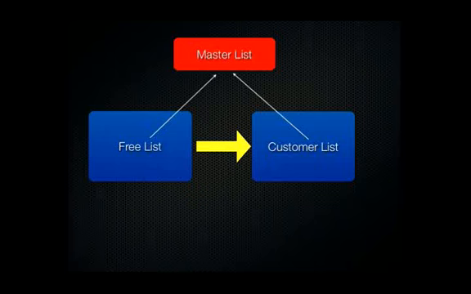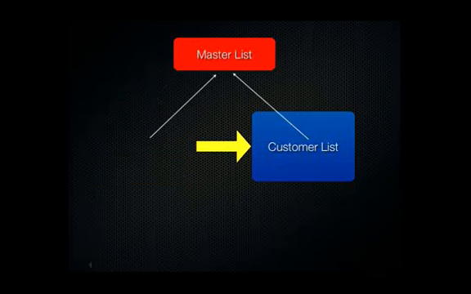So you want them to be added to that customer list, and Aweber can do that. As soon as they opt into that customer list, boom, they can be completely unsubscribed from that freebie list, and they're no longer on that list anymore. Again, they're still on the master list no matter what, but they're on the customer list now.